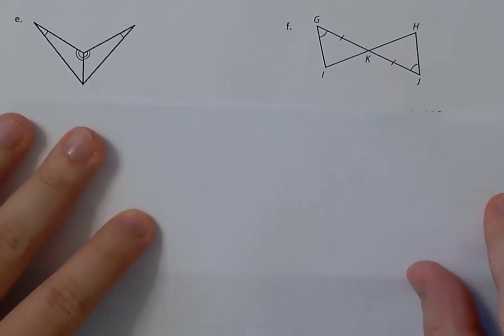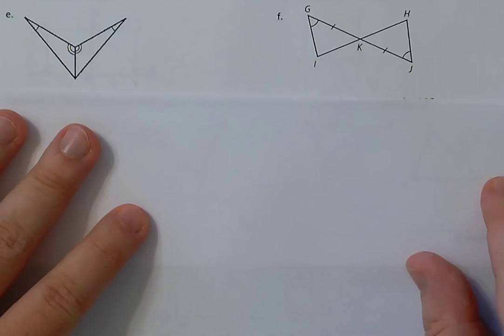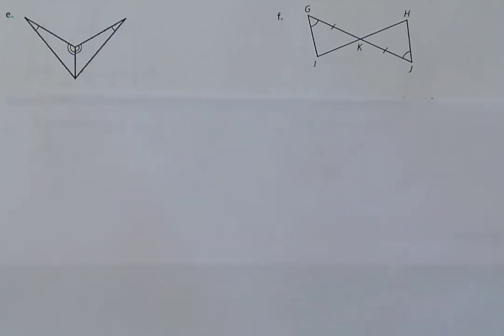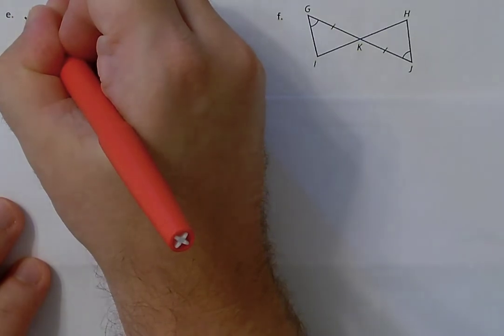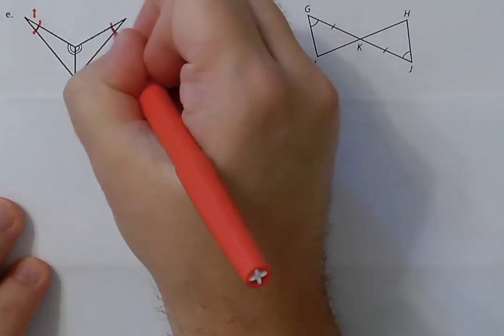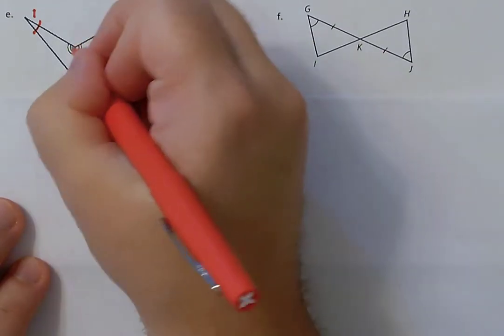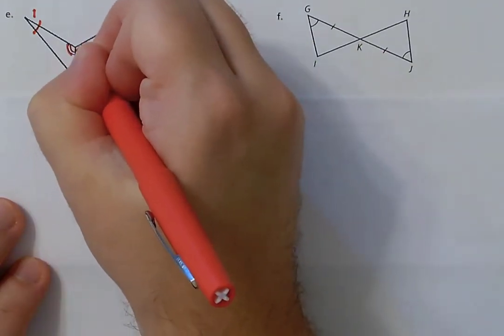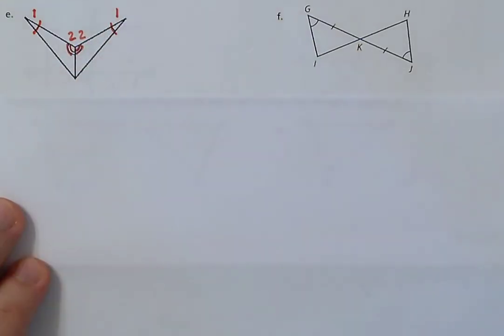Next, we're going to take a look at examples E and F for today. For E, I know that this angle, my first angle, matches this angle here. So I've got my angle 1s. Next, I know these two angles are congruent, so I have my angle 2s. Now I have my two angles.